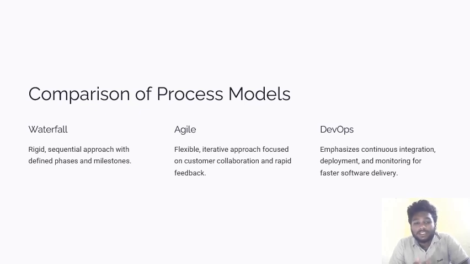DevOps emphasizes continuous integration, deployment, and monitoring for faster software delivery. For short programs or short software, the most preferred is waterfall, and for highly complex software, the preferred ones are agile and DevOps.